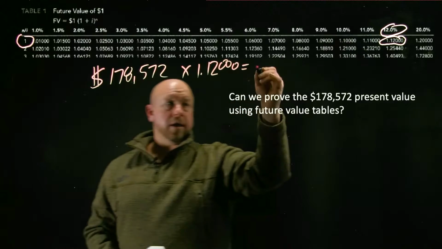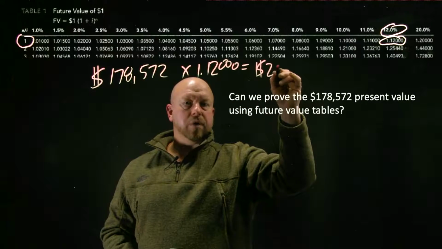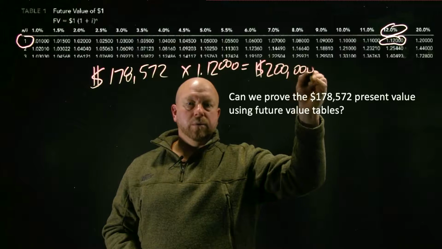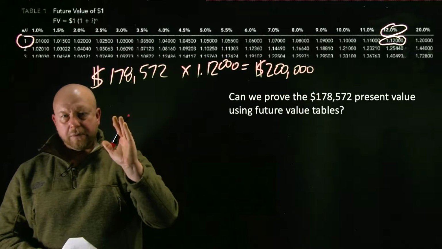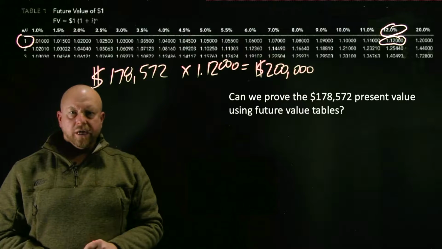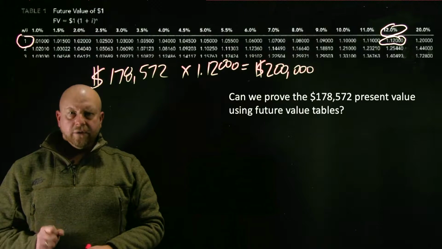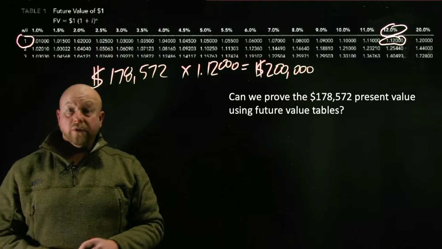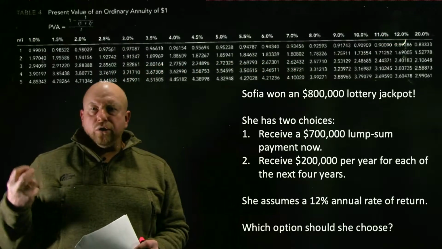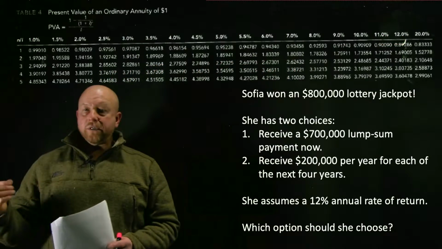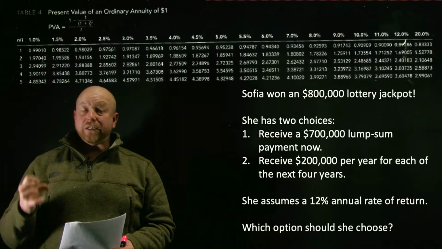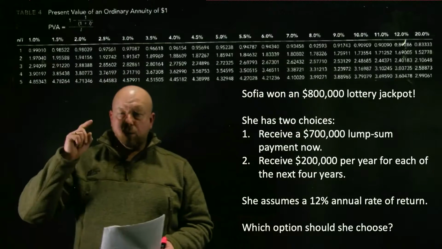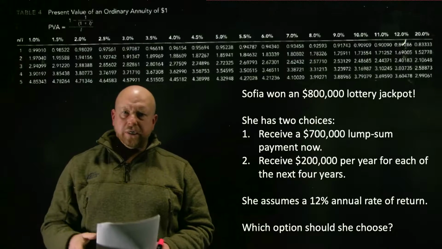And if you do that math, yes, there's a little bit of rounding involved, but you will see that the future value of this present amount is $200,000. Now you can believe me when I said that those are equivalent numbers. Those first two tables we looked at were present and future values of a single cash flow. So what we're basically talking about with those tables, one amount at one period in time.